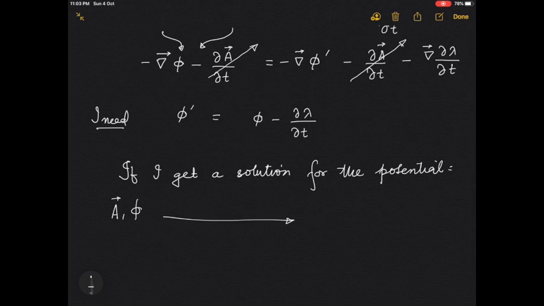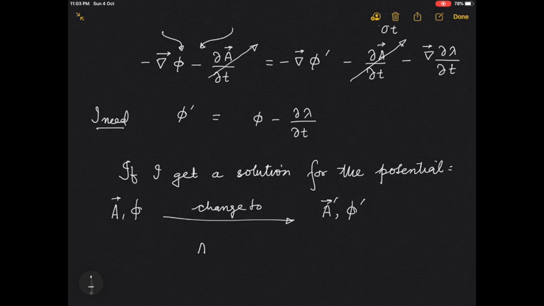Okay. Now I want to change them to A prime and phi prime. I can do that because I can change A to A prime and phi to phi prime and keep electric field and magnetic field the same.